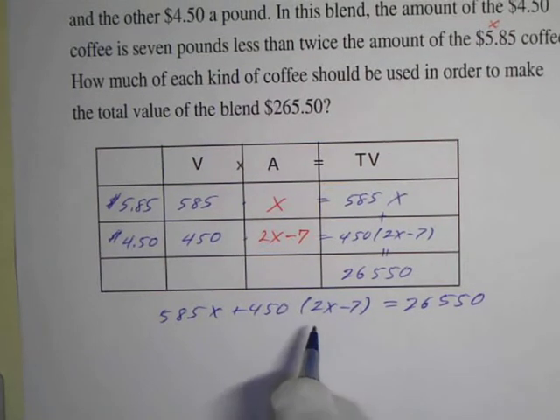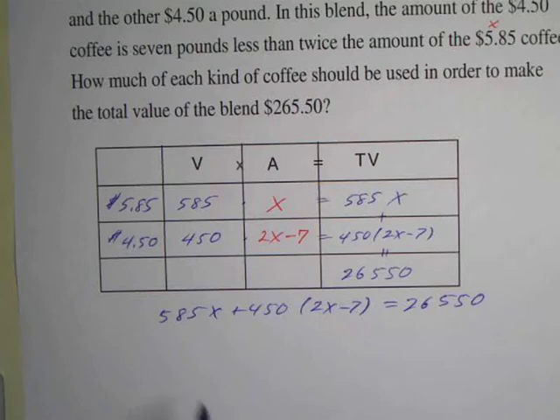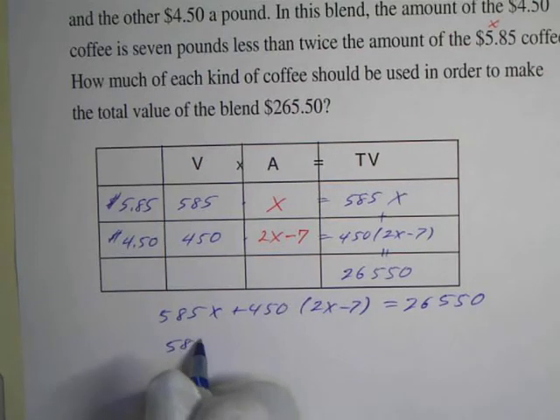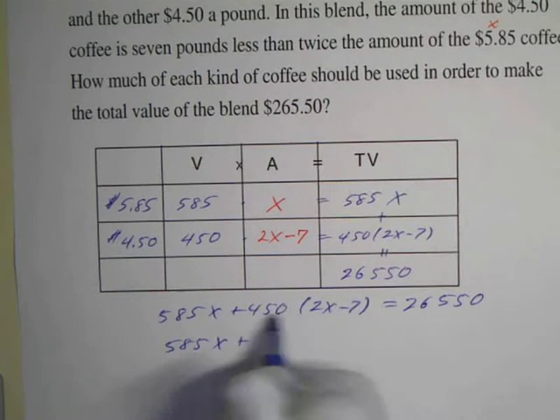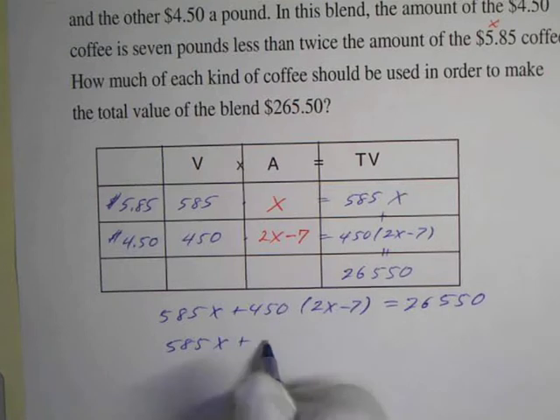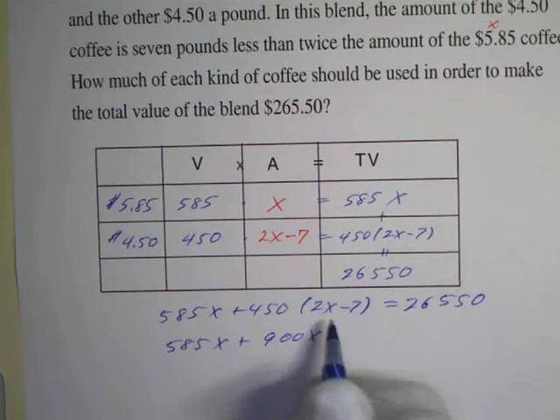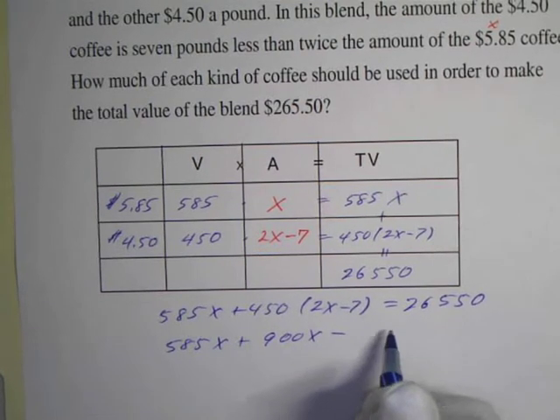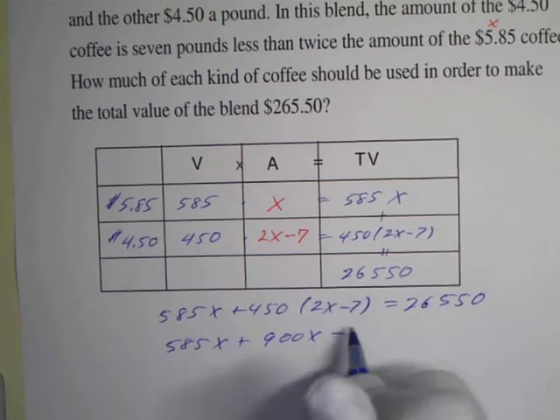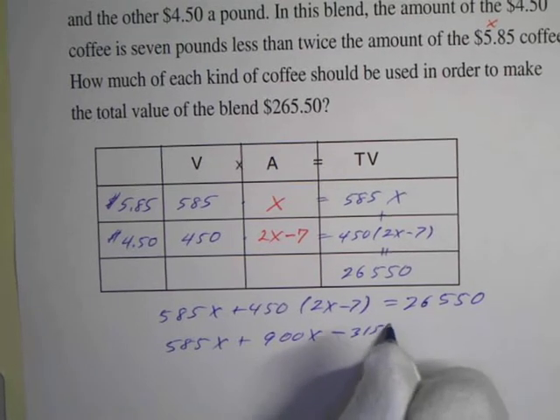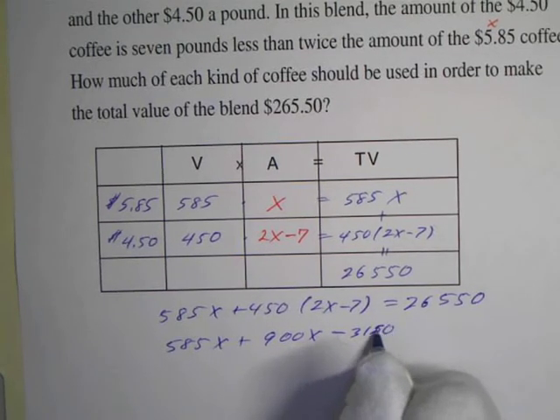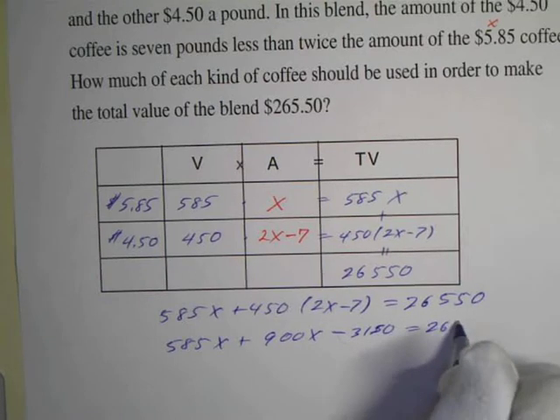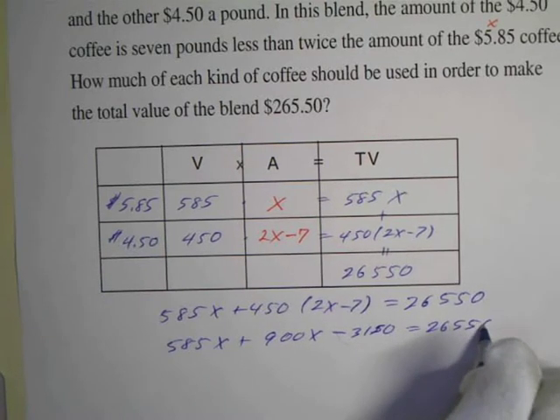And then I can distribute over here. So I get 585x, and 450 times 2 would be 900x, and minus 7 times 450 is going to be 3150. And that's going to equal 26,550.